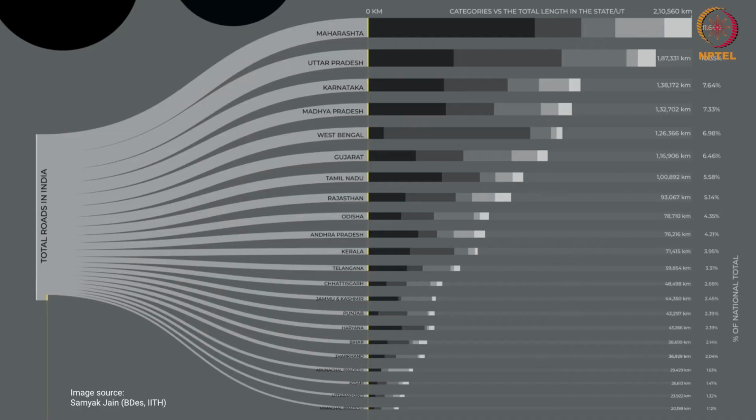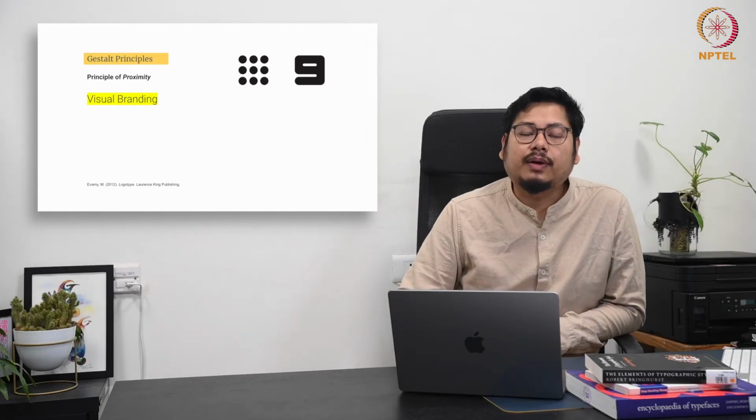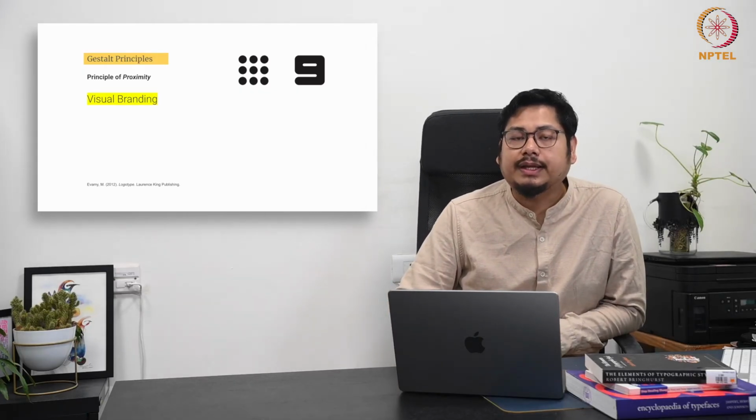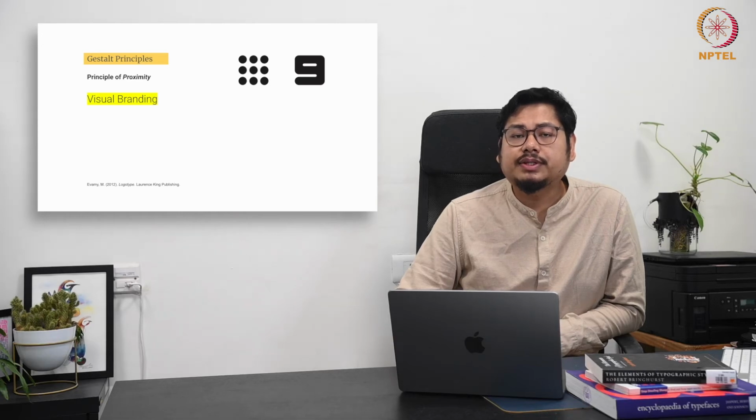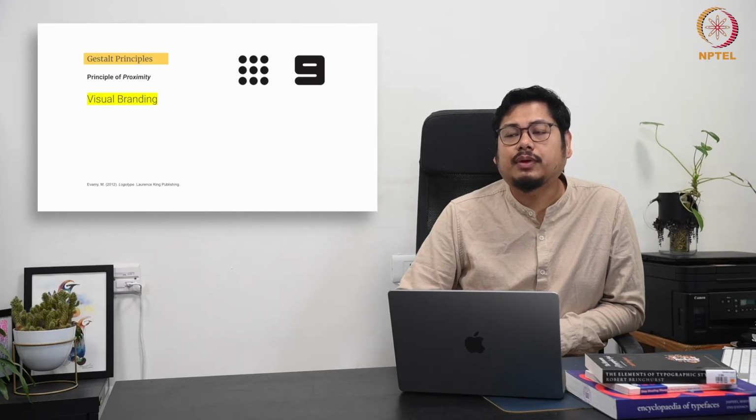So this is how people who are doing data visualization can take the benefit of proximity in grouping things, although there may be multiple pieces of information associated to that representation. But if you carefully look into the idea of proximity, it will help you to compose the information, even though the information may be larger in terms of content.